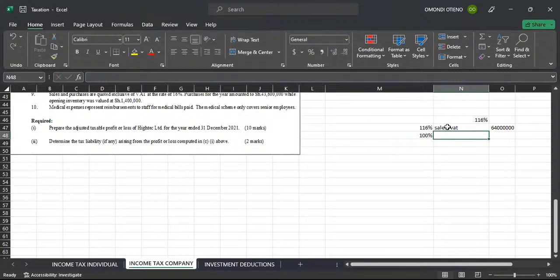The VAT which has been included there should not be recognized as revenue because we are just collecting it from these people and we are going to remit it to the revenue body. So let's get the real sales, that is 100%. If 116% is 64 million, 100% will be what?